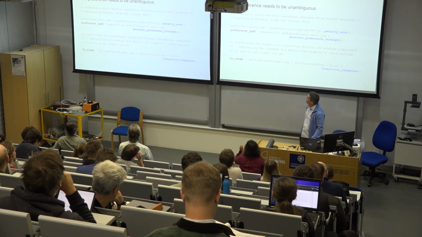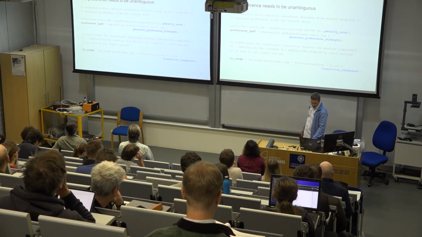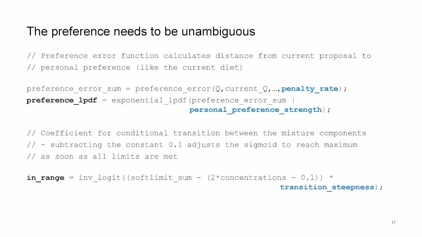And here there's the preference error function in Stan. You can implement it however you like, it just needs to be unambiguous, like the current diet. So in this analysis, we are seeking diets that are close enough to your current diet, and we change that only if it's needed.